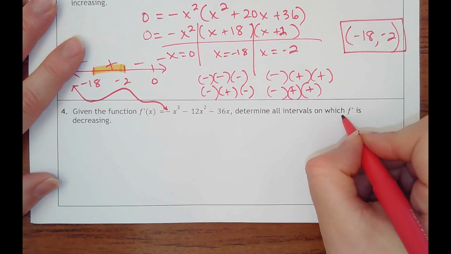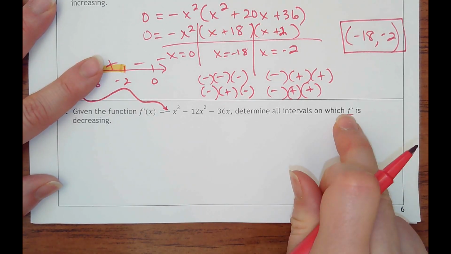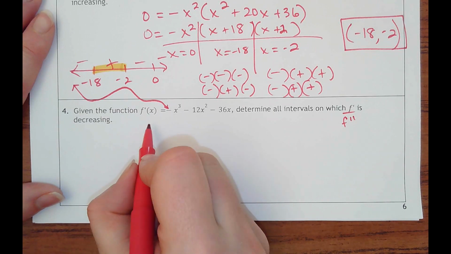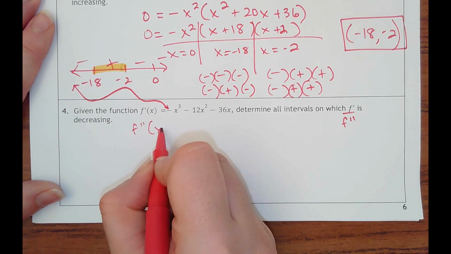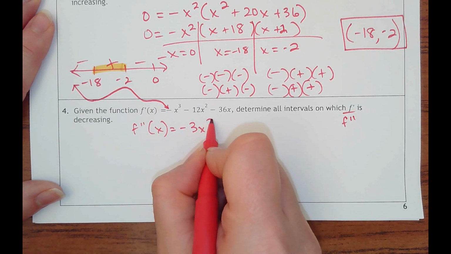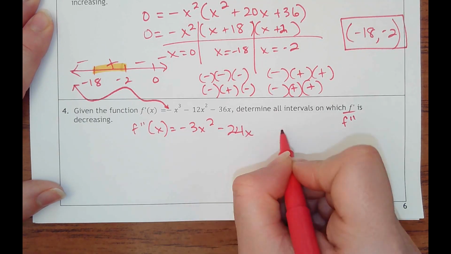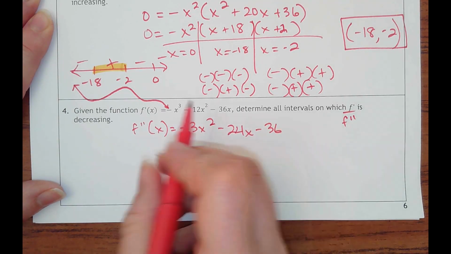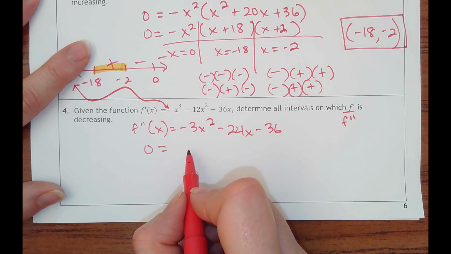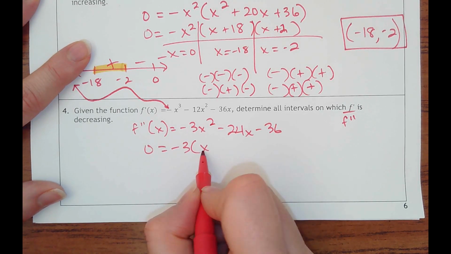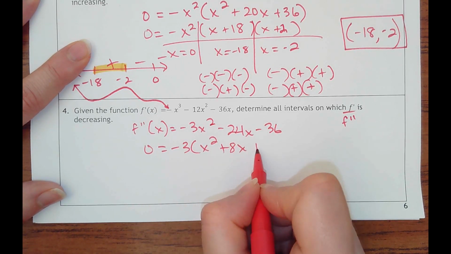So again, we're going to have to go up a level and find f double prime to tell us about f prime. So I'm going to take the second derivative, which would be negative 3x squared minus 24x minus 36. Set it equal to 0. Factor out negative 3. x squared plus 8x plus 12.